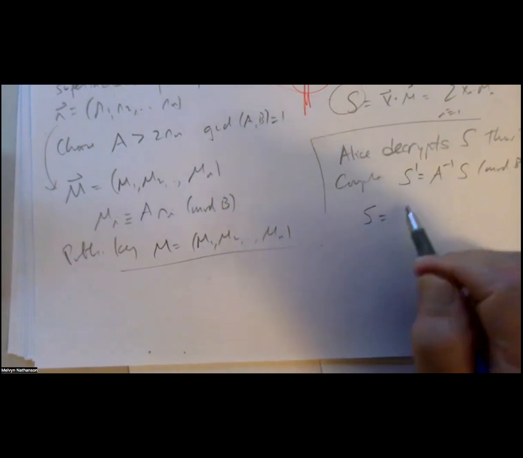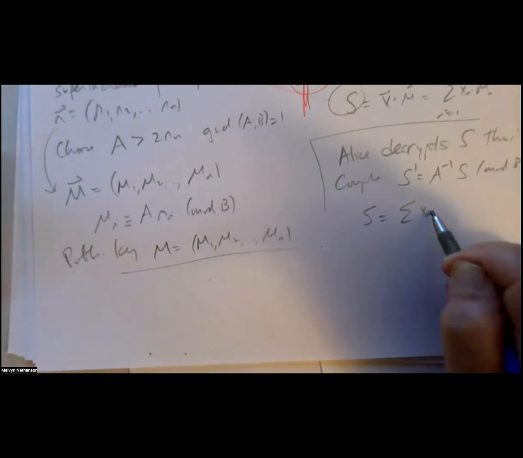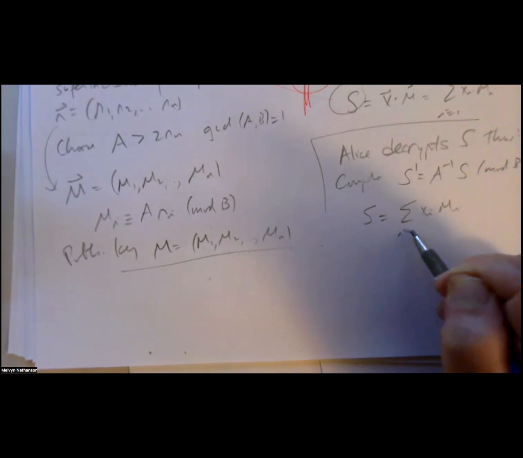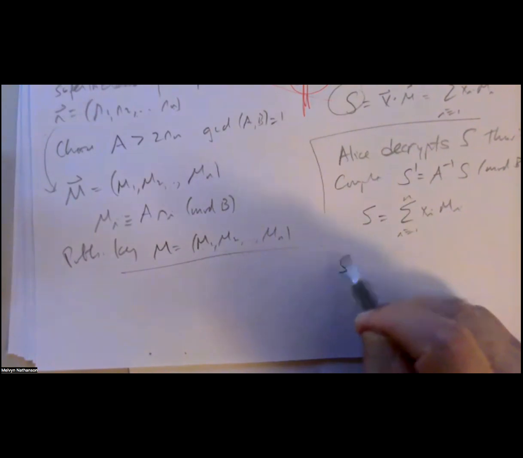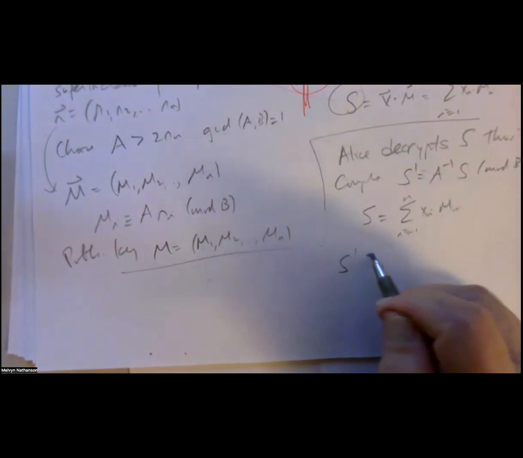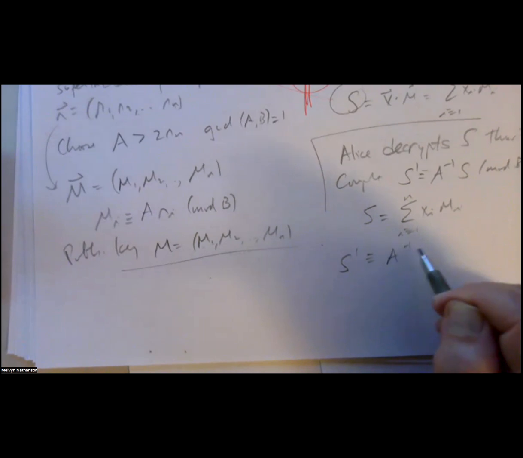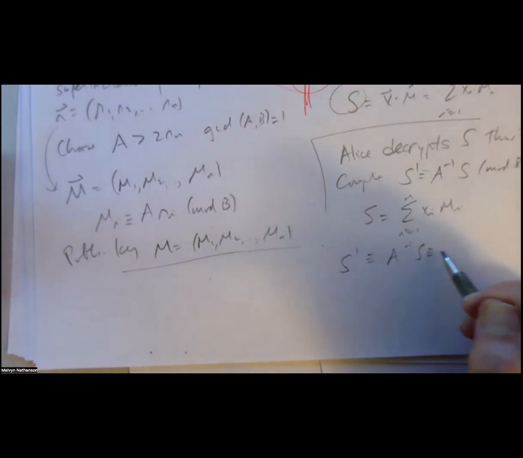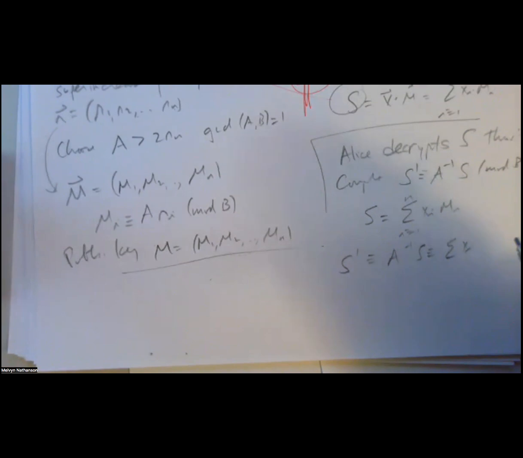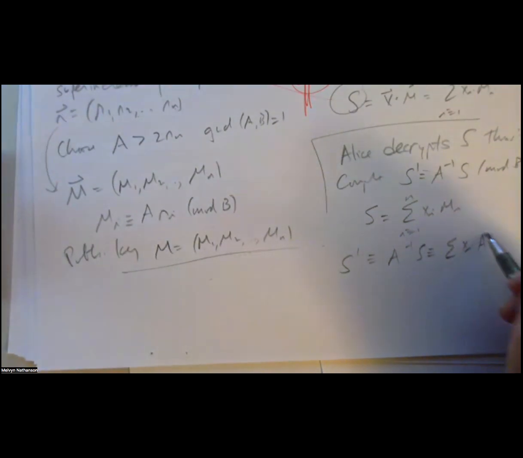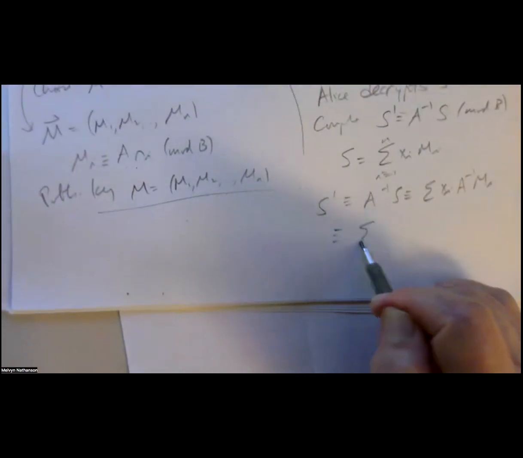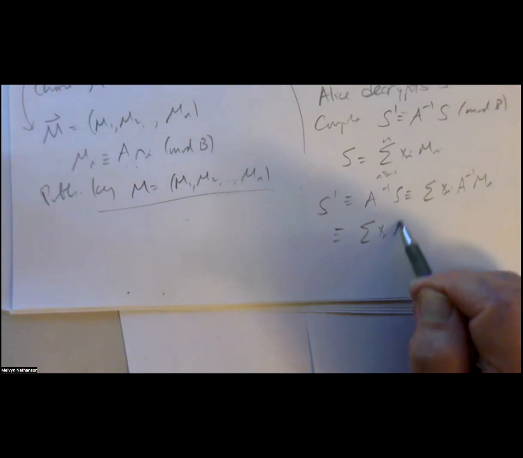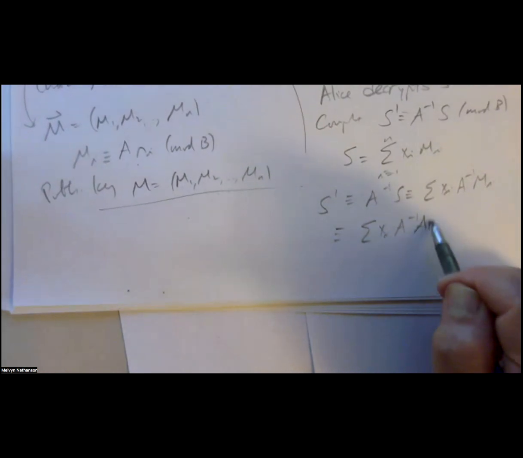So if S were the summation of Xi Mi, i going from 1 up to n, then S prime is congruent to A inverse S, which is the summation of Xi times A inverse Mi. But Mi was A Ri. So this is the summation of Xi A inverse A Ri.